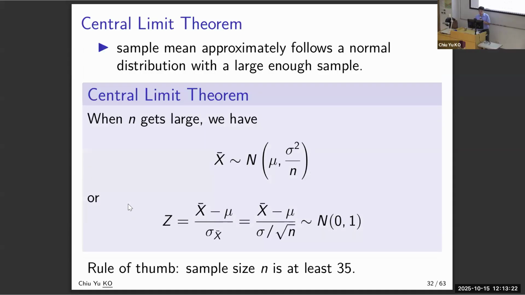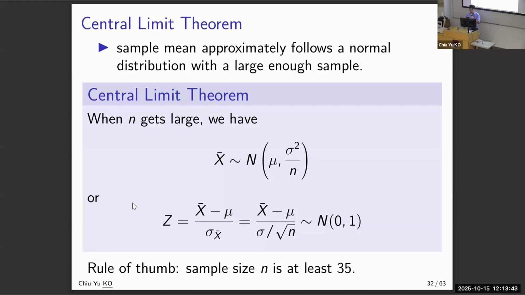So this is the formal definition of the central limit theorem. Not fully formal, but more or less right. It says when n is large enough, the sample mean is approximately normal with mean mu and variance sigma squared over n.